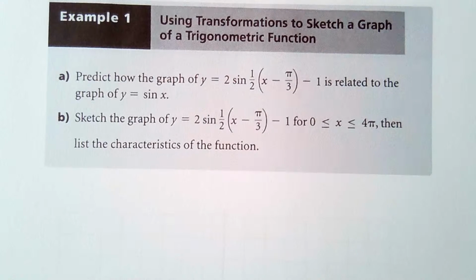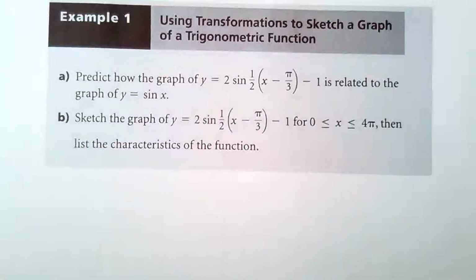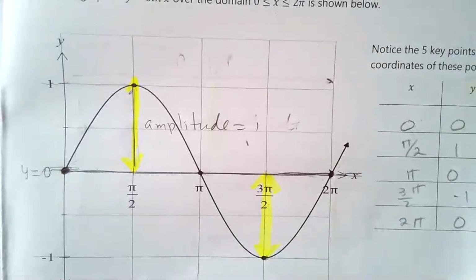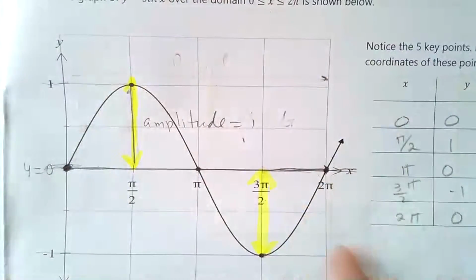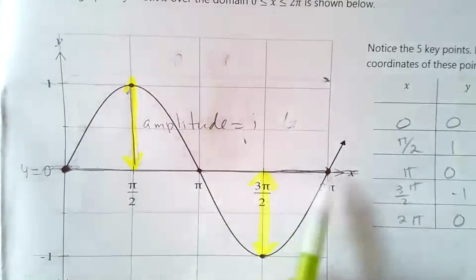We know our graph y equals sine of x, what it looks like. If we go back to our booklet, this is a graph y sine of x. It has two periods. The intercepts are 0, pi, 2 pi.